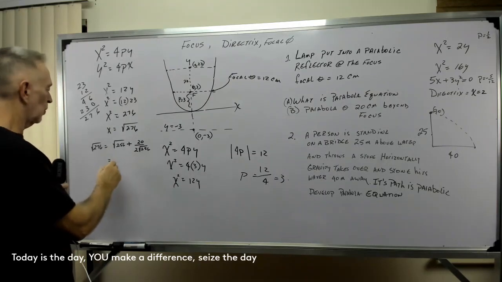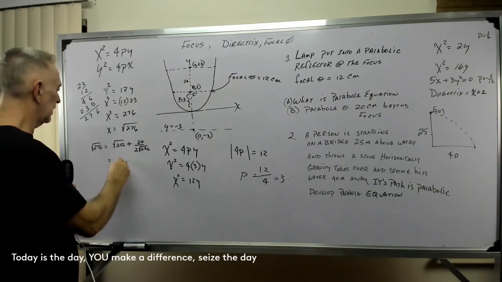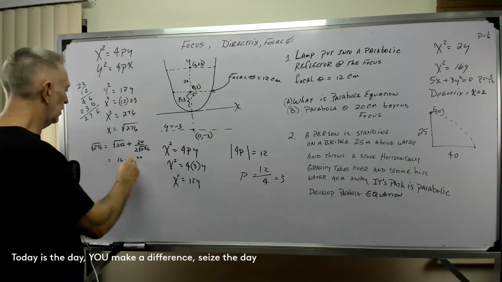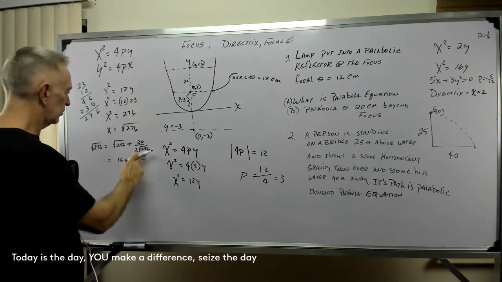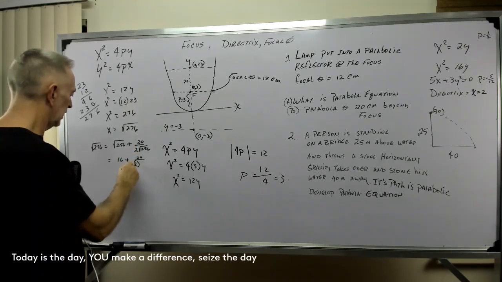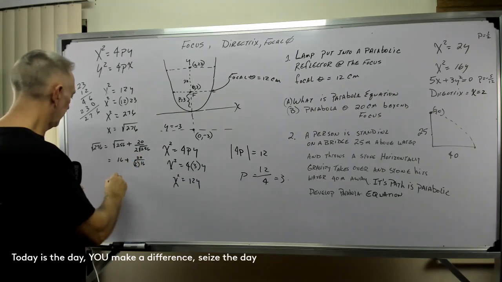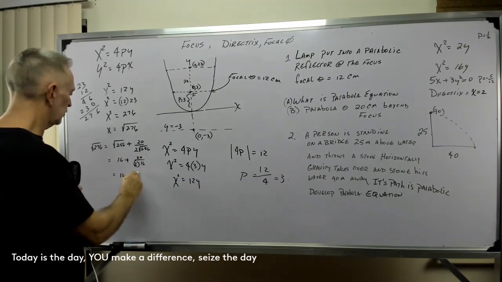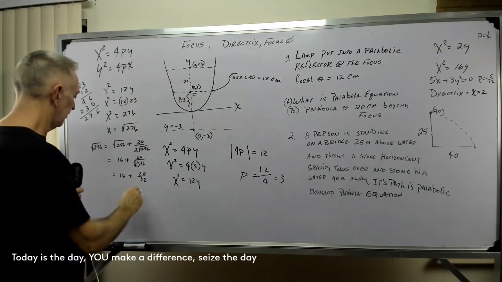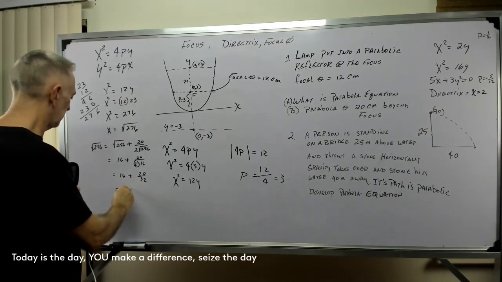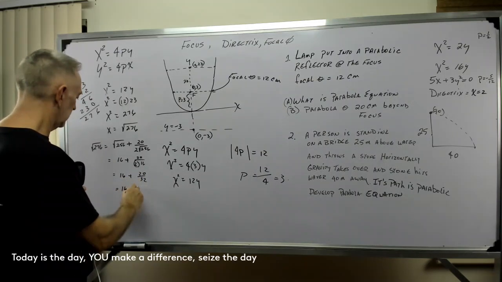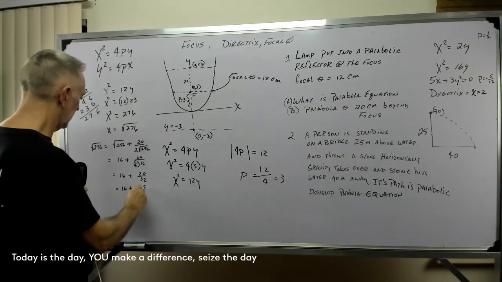Okay, the square root of 256 is 16, plus 20 over 2 times 16. So I've got 16 plus 20 over 32. Well, 20 over 32 is 4 times 5 over 4 times 8.